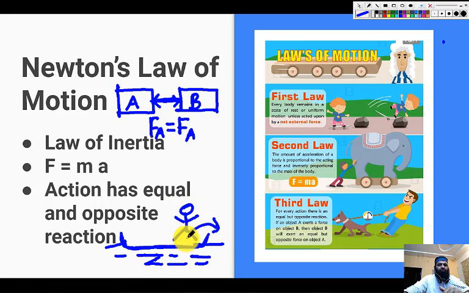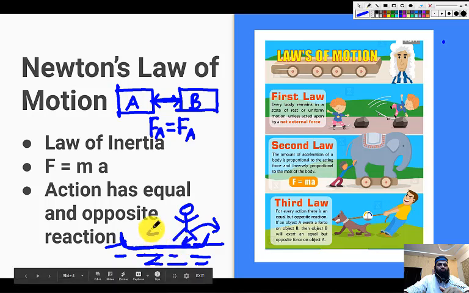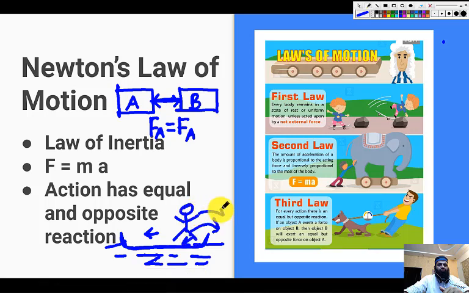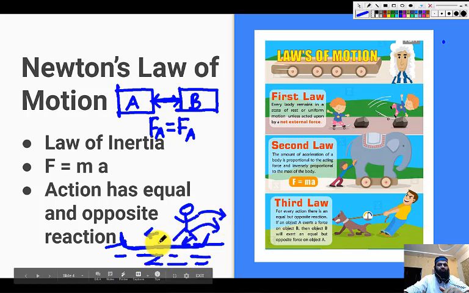To jump off the boat, the person would kick the boat like this. So the person would be applying a force on the boat towards the left, and then the boat would apply a force on the person to the right so that he can jump over to the side, and in the meantime the boat would also move to the left.